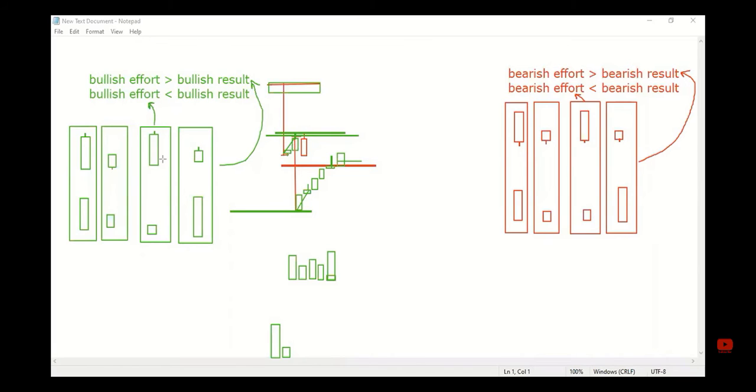So here the second term, bullish effort, yes, bullish effort is less than the bullish result. So then we can place our trade here in the downward direction. So these are our rules. If the market creates this type of situation, we don't have an opportunity here.